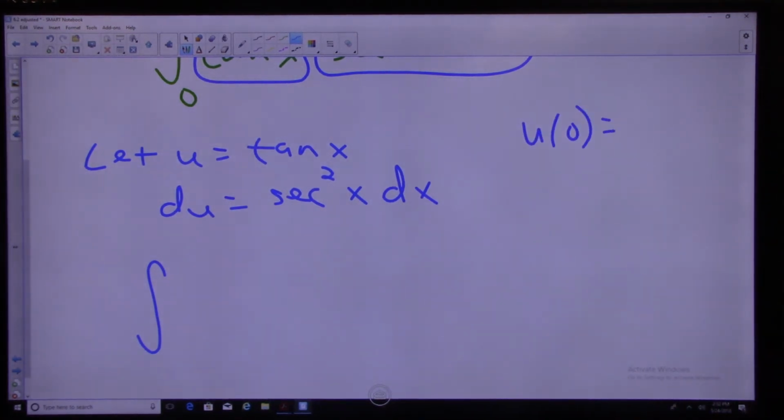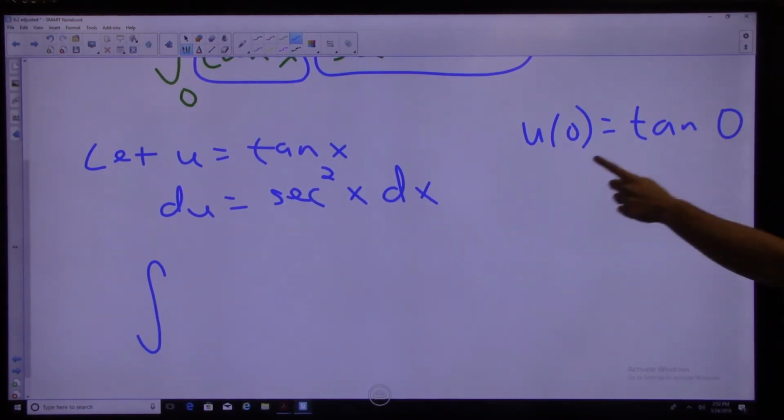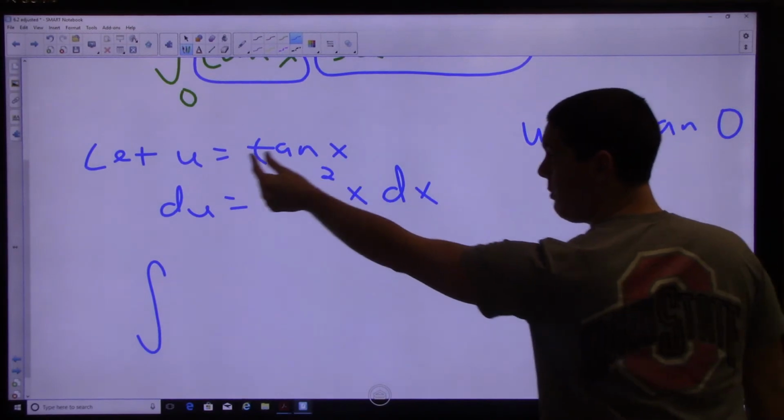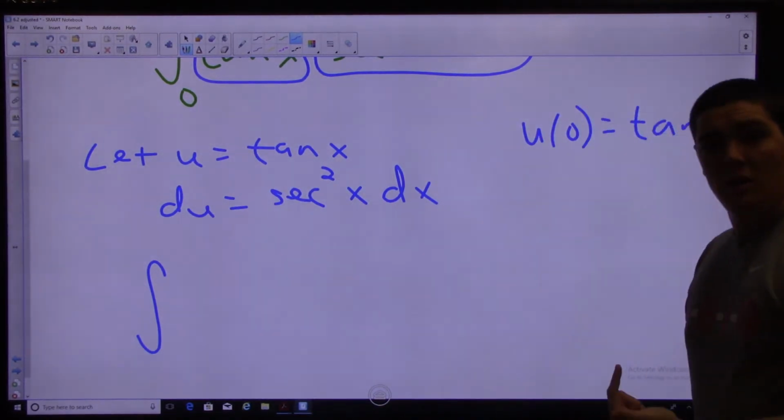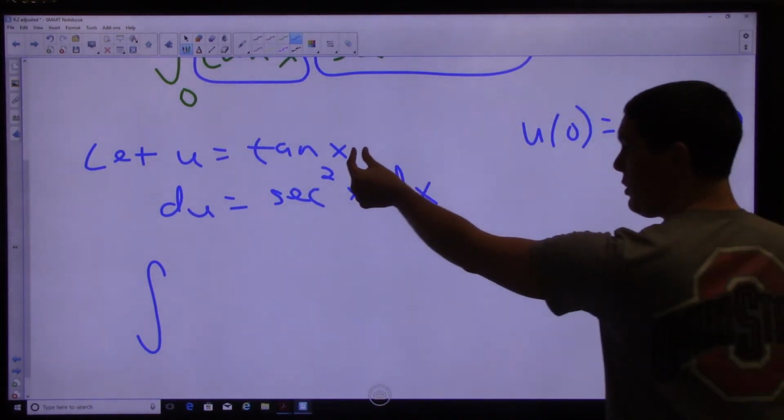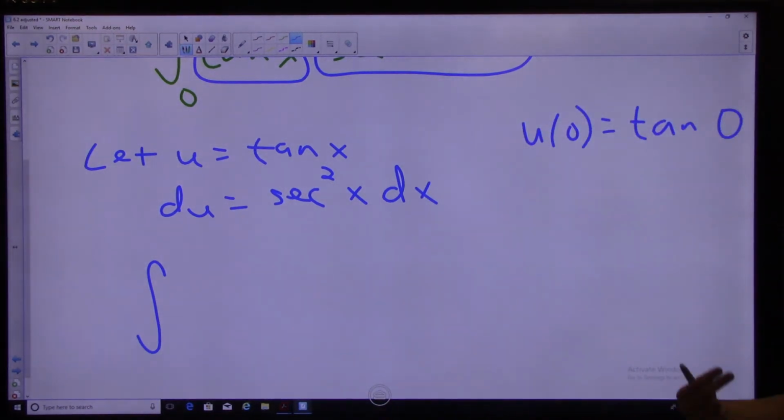If we want to figure out what the u of 0 is, well, that's the same thing as tangent of 0. So if our x value is 0, we can figure out what our u value is going to be if we just plug it in here. So guys, if I plug in a 0 there, it'll give me a u value, right? If I plug in a pi over 3, it'll give me a u value. So I can figure out what those are first and then try to work on it.